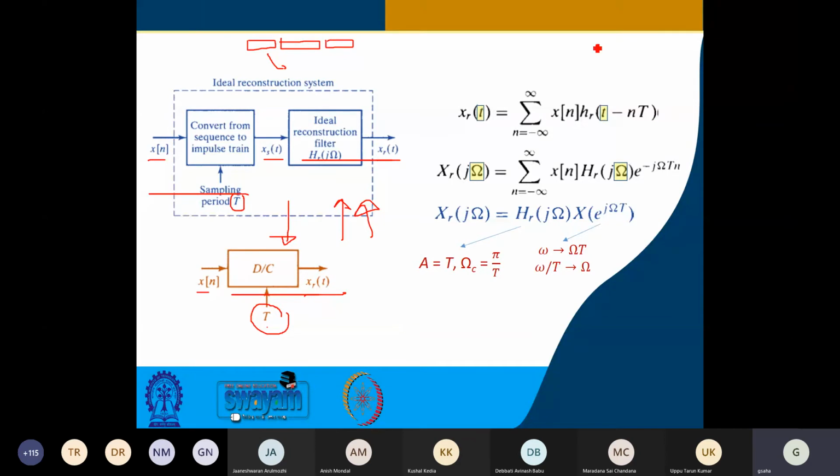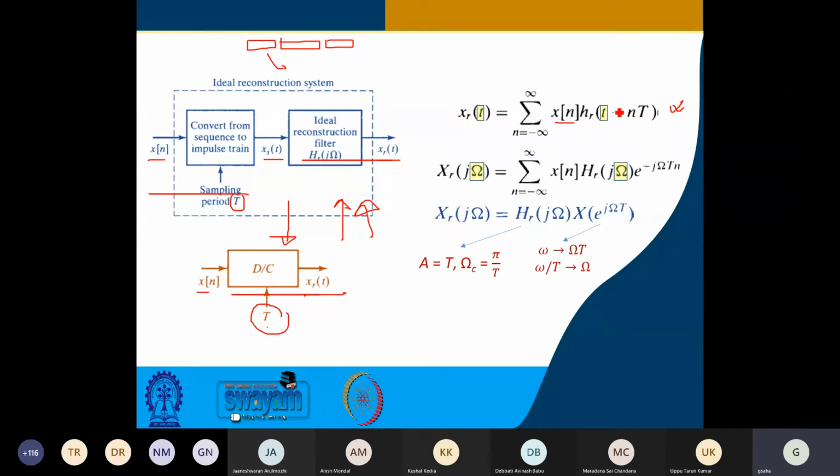Okay, so this is your reconstructed signal, right? This x[n] is just a sequence, so the multipliers that are there get consumed in the convolution sum. So this T and this T are connecting each other in the time domain, and in the corresponding frequency domain, T to omega.